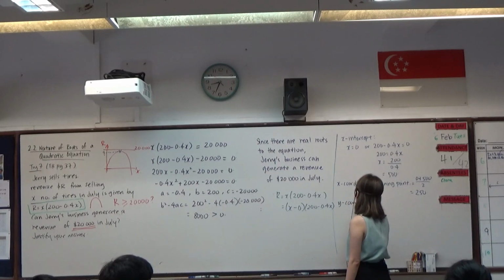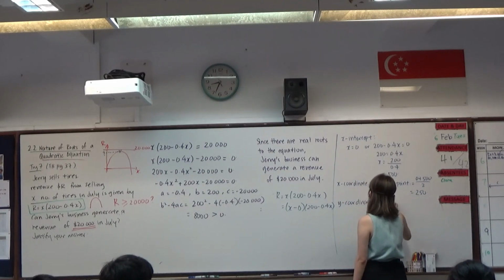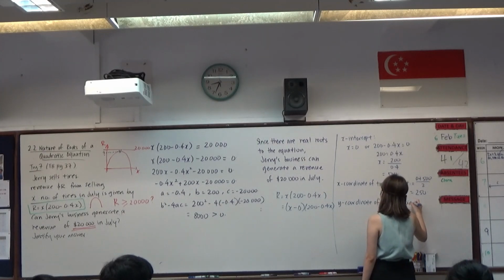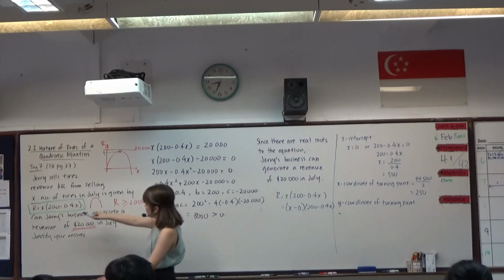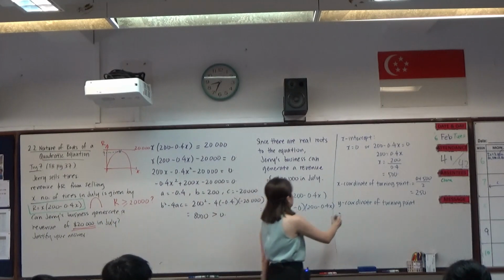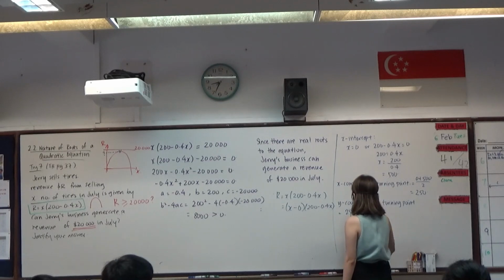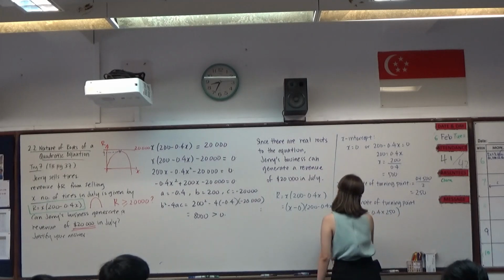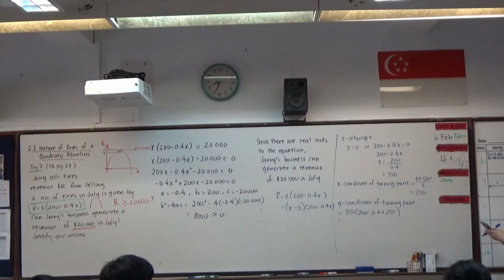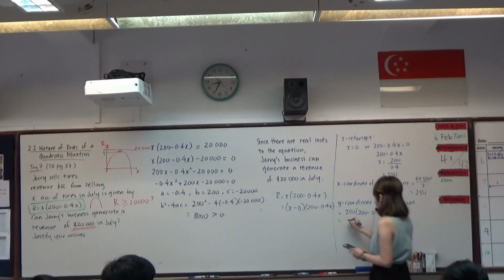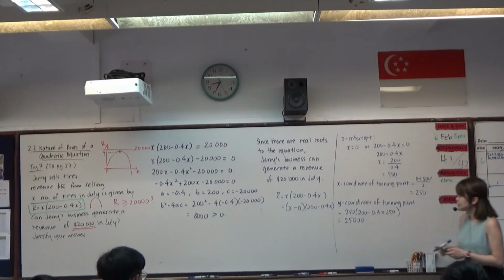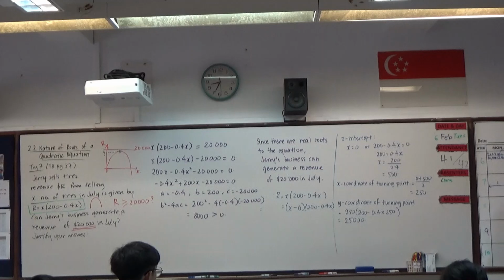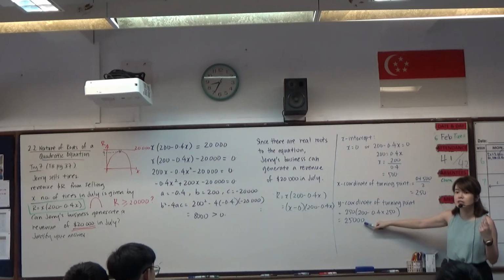So the y coordinate of the turning point, when x is equal to 250, is going to be $25,000.